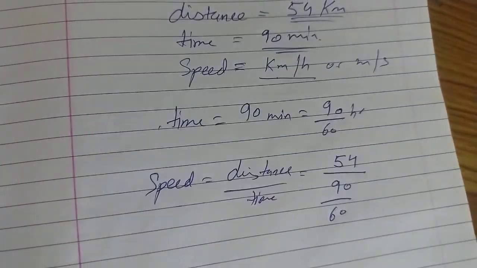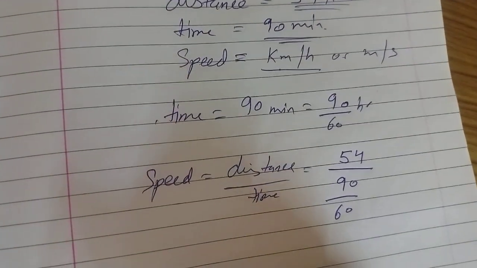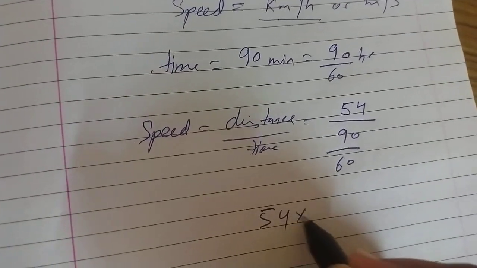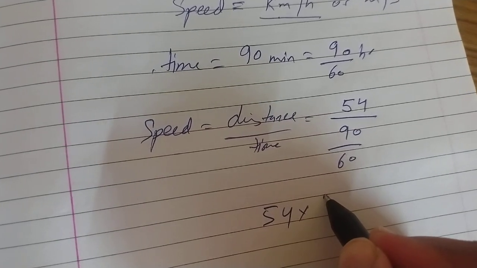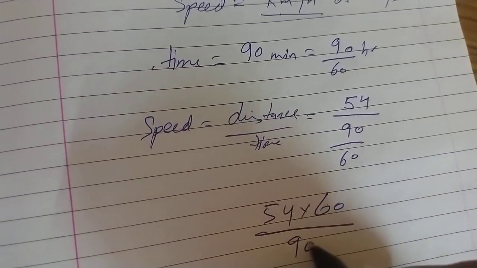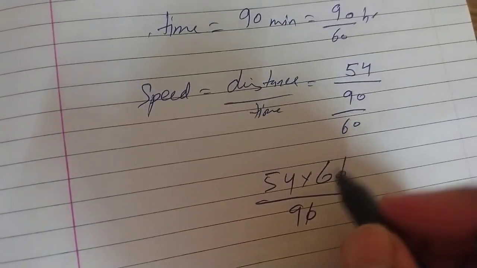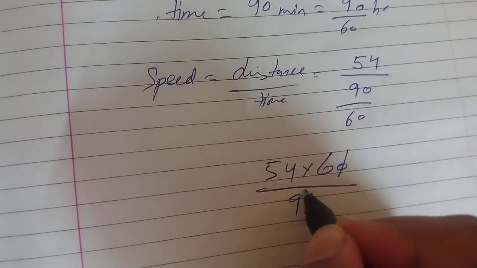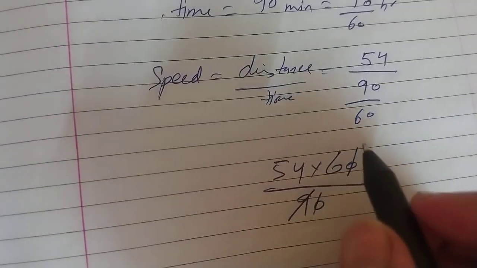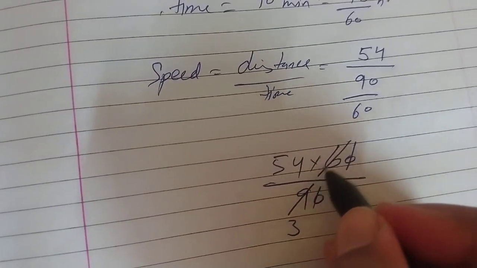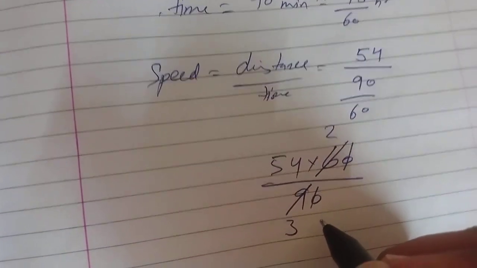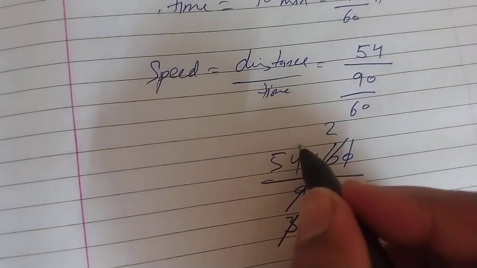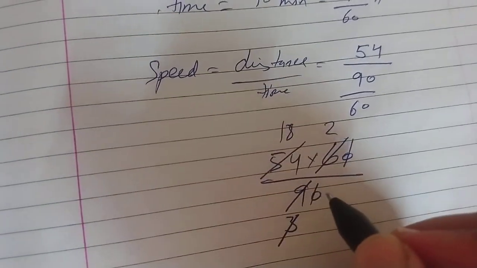After this, rearranging the values, 54 into 60 upon 90. After simplifying it, 3 3s are 9 and 3 18s are 54.